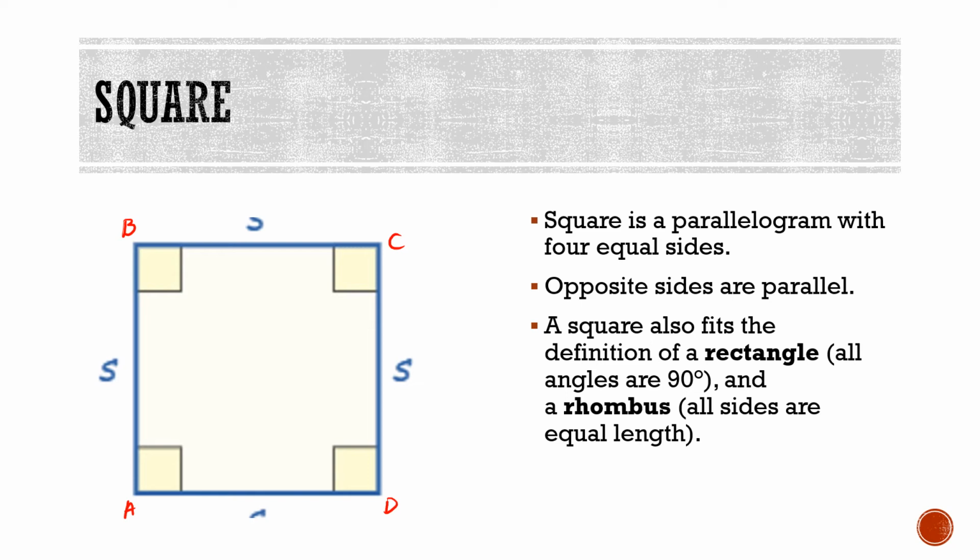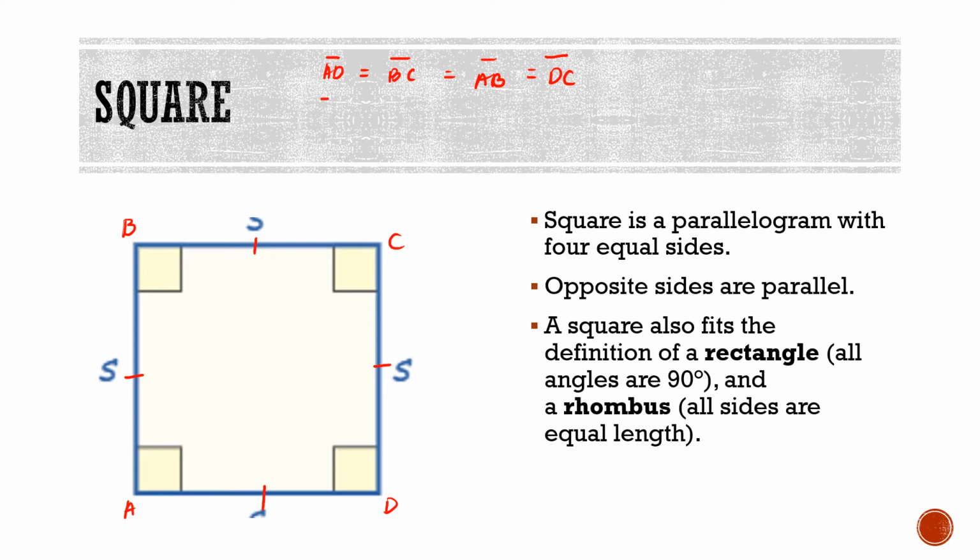So we can say that this side is equal to this side, is equal to this side, and also equal to this side. So we can write it as side AD is equal to side AB is equal to side BC is equal to side CD. Opposite sides are again parallel.